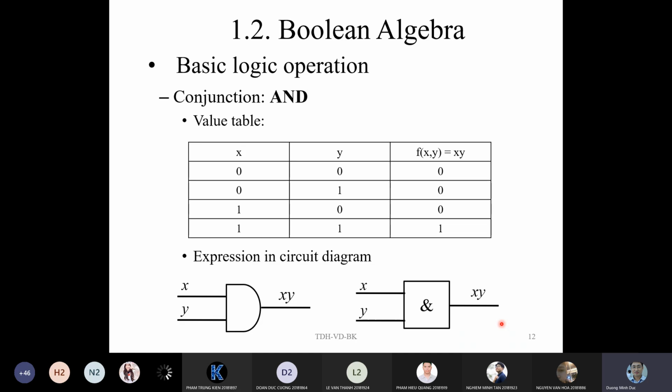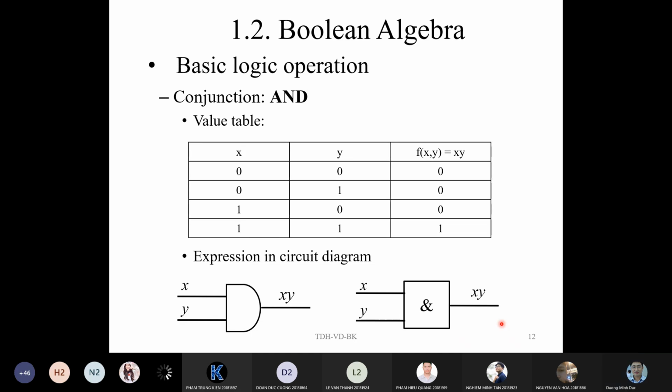So I have already reviewed the basic logic operations, including negation, disjunction, and conjunction. These 3 operations create a whole world of the logic algebra or Boolean algebra.